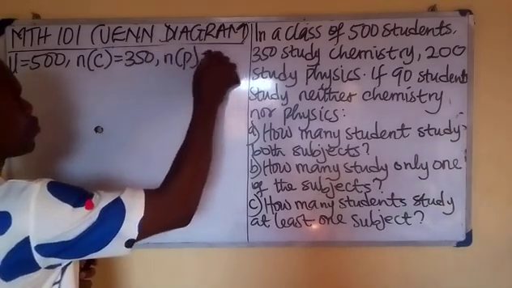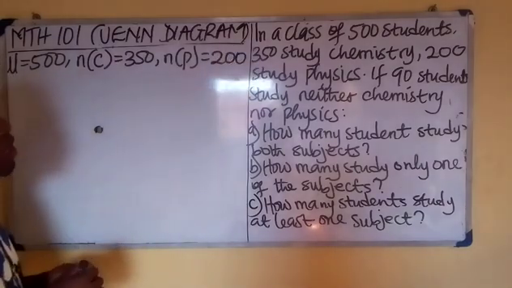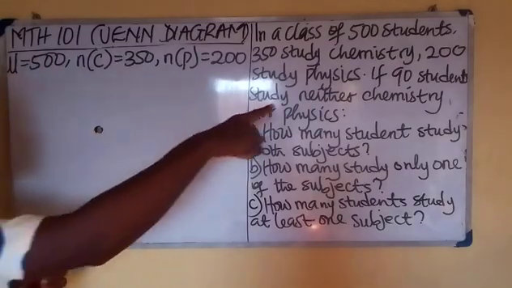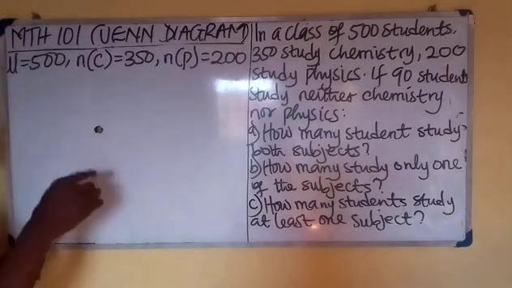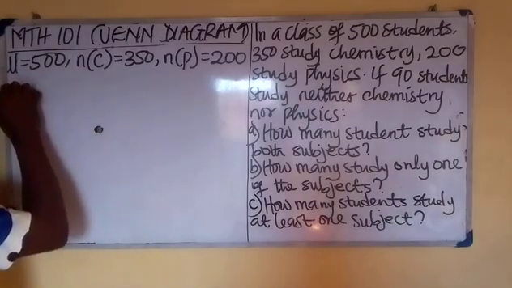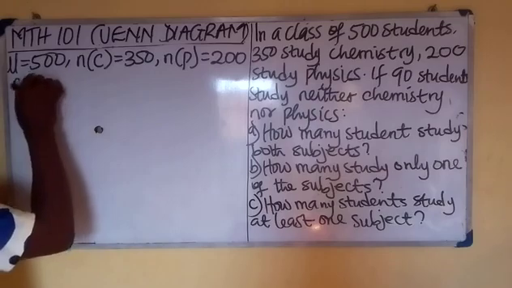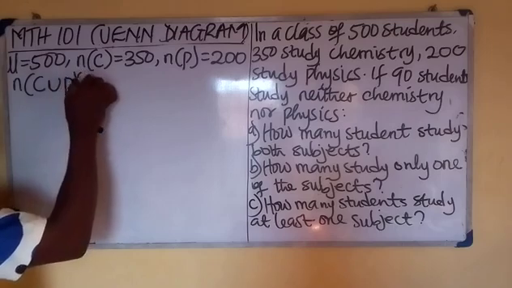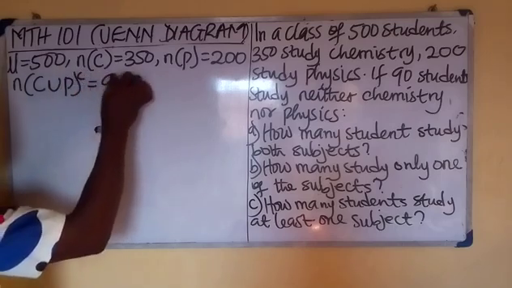If 90 students study neither chemistry nor physics, neither means the complement of the union of C and P. They said it's 90.